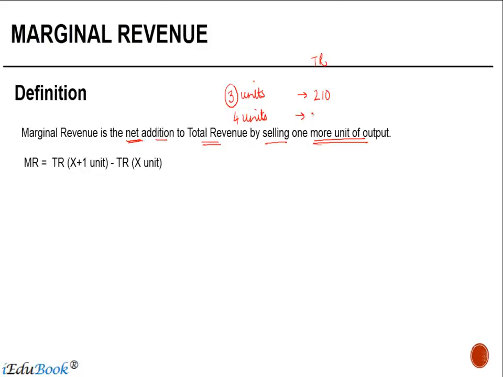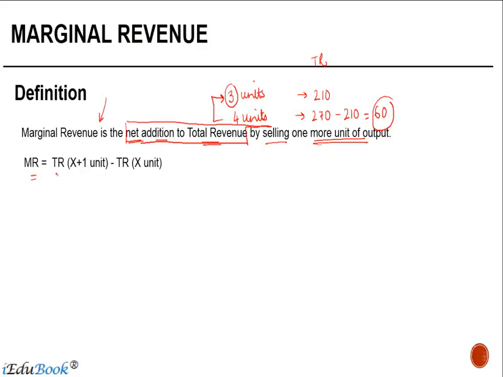If I sell 4 units and the revenue is 270, right? What is the net addition to the total revenue? The net addition to the total revenue is obviously 270 minus 210 is equal to 60. And this revenue has been obtained by selling 1 more unit of output, right? So this 60 rupees is basically referred to as the marginal revenue.